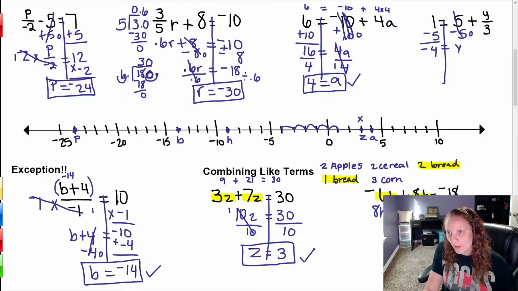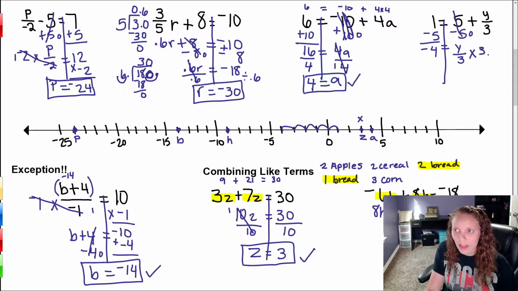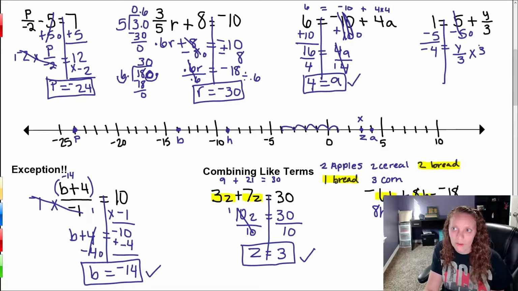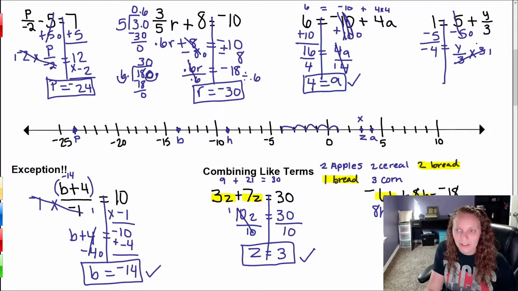And then now we have y over 3 on the right side. Remember, fractions mean division, so the opposite of divide is to multiply. A lot of people would want to try to do 3 times 3 to get 9. Do not do that. We are multiplying and we are dividing. These are the opposite, so they cancel out to 1.